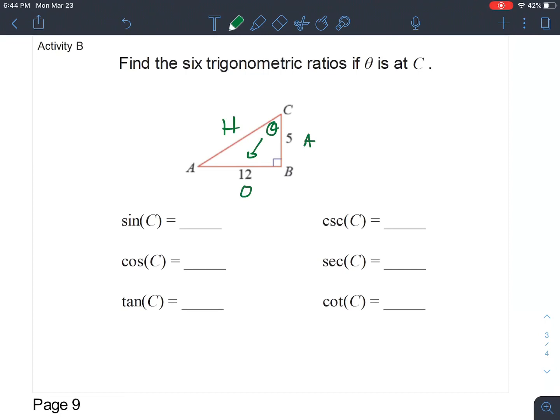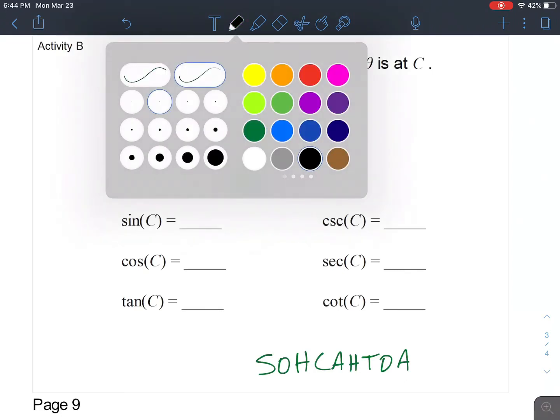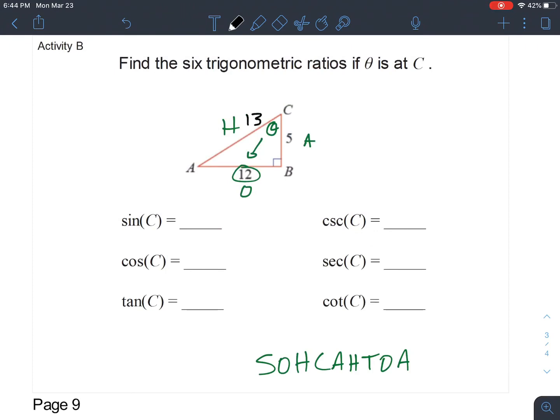So sine, again from SOHCAHTOA, that is going to be the opposite over the hypotenuse. So that means that we're going to have 12 over, and we remember from the previous slide, we said the hypotenuse was 13. So opposite over hypotenuse is 12 over 13. Therefore, cosecant is the reciprocal, 13 over 12.